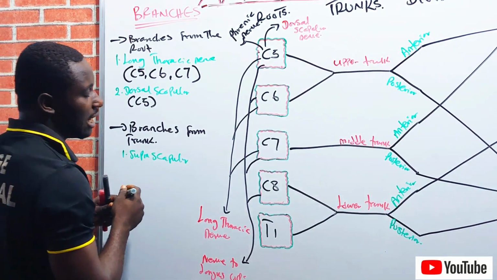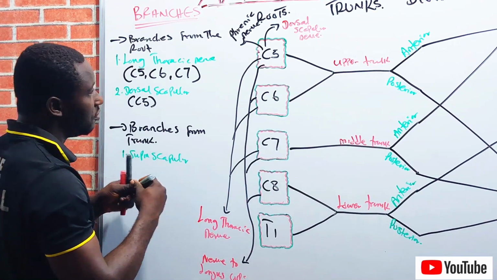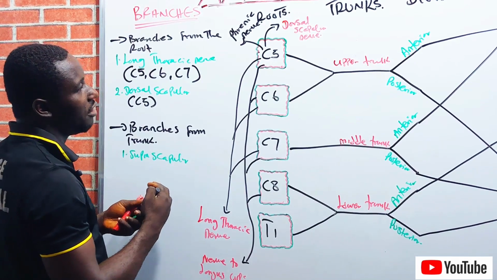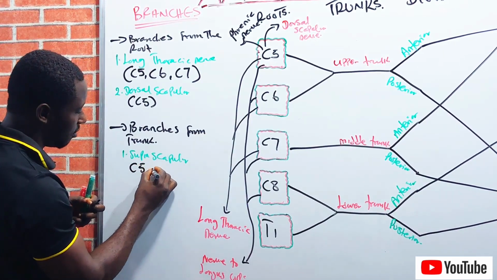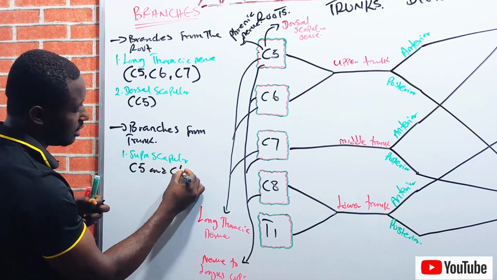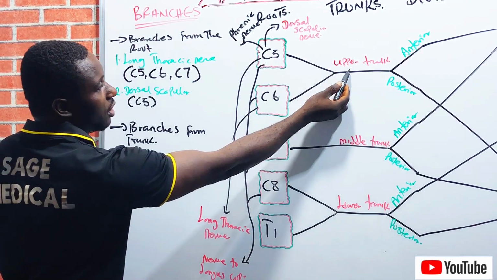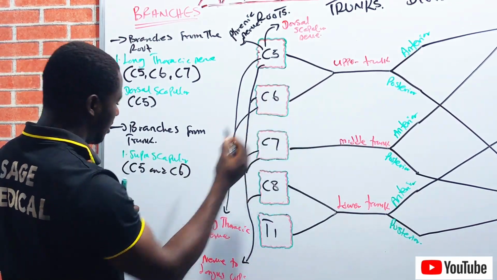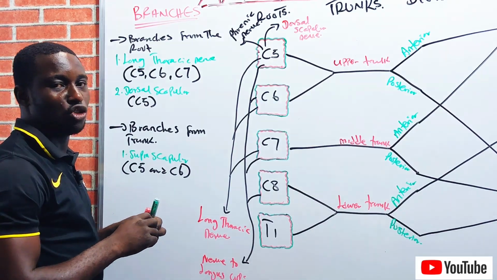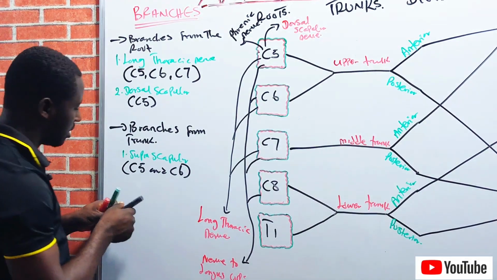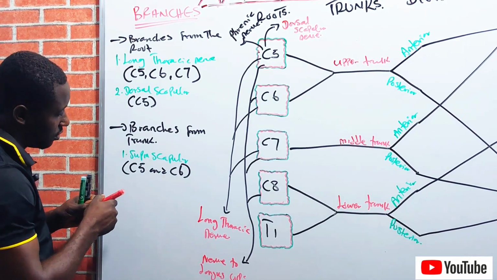This suprascapular nerve has a root value of C5 and C6, because it arises from the upper trunk. It supplies the infraspinatus muscle and supraspinatus muscle. You get?